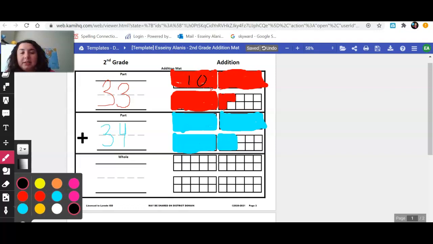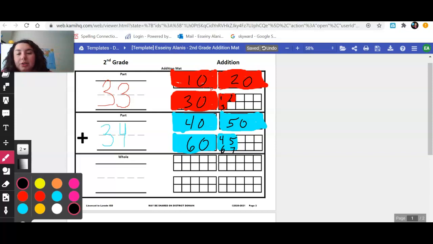And I can skip count by 10. 10, 20, 30, 40, 50, 60, and then I'm going to switch from counting by tens to counting by ones. 61, 62, 63, 64, 65, 66, 67. That means that my answer is 67.